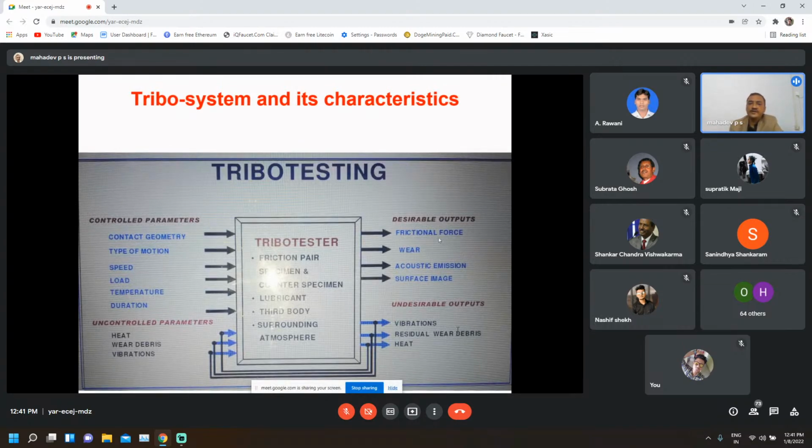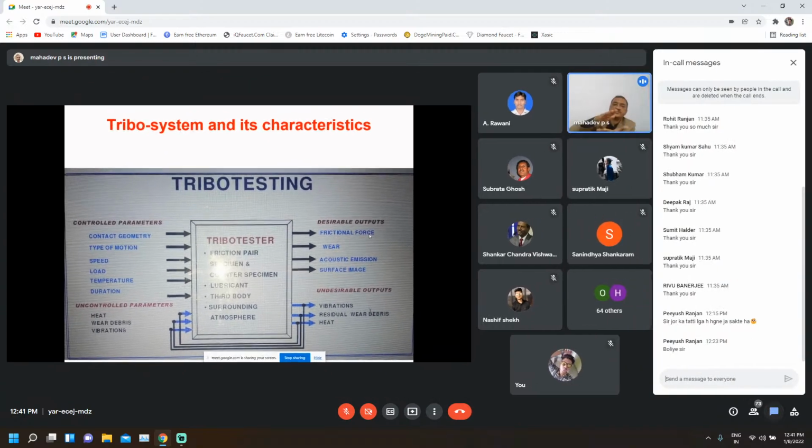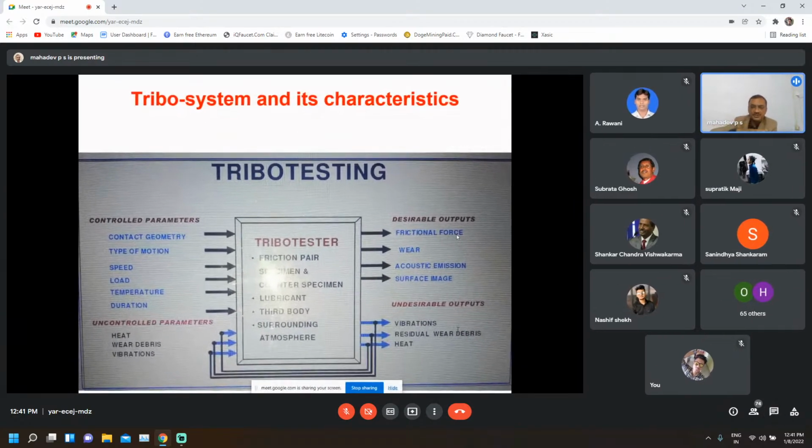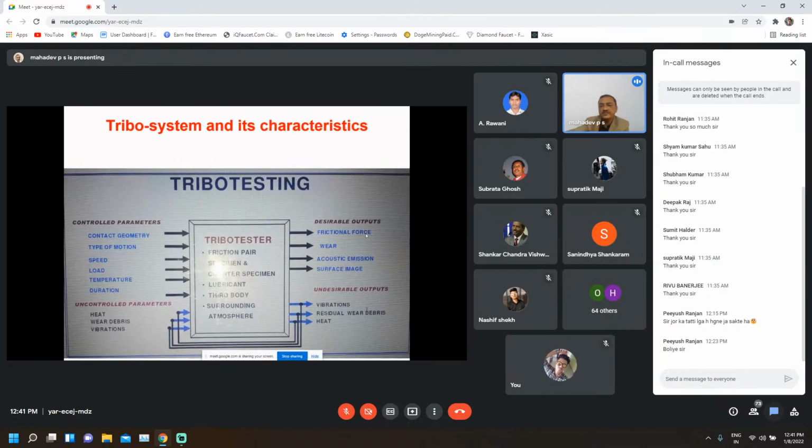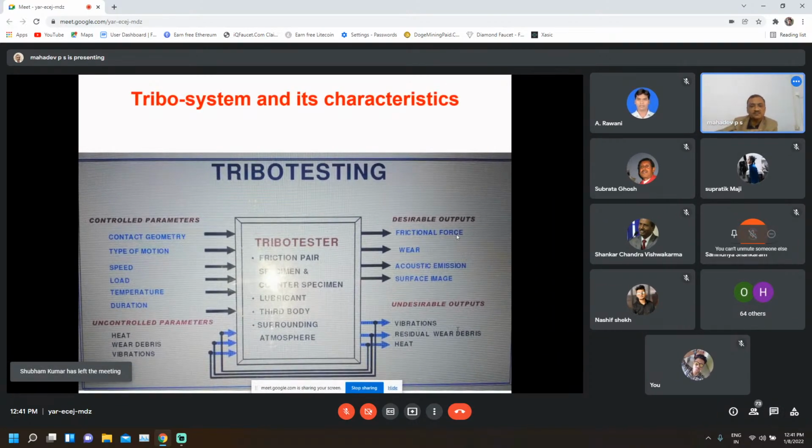What you are going to get out of this tribology testing is the frictional force when there is contact between the two surfaces in question. When there is a motion between the two surfaces, then there occurs friction. You can measure the friction.